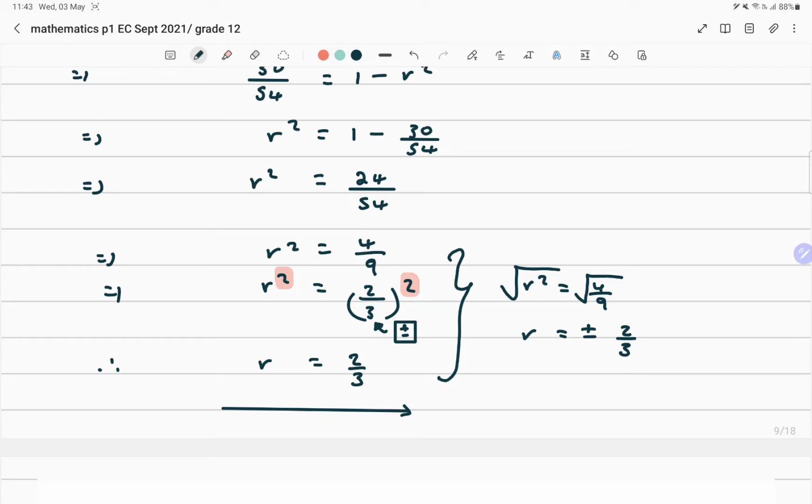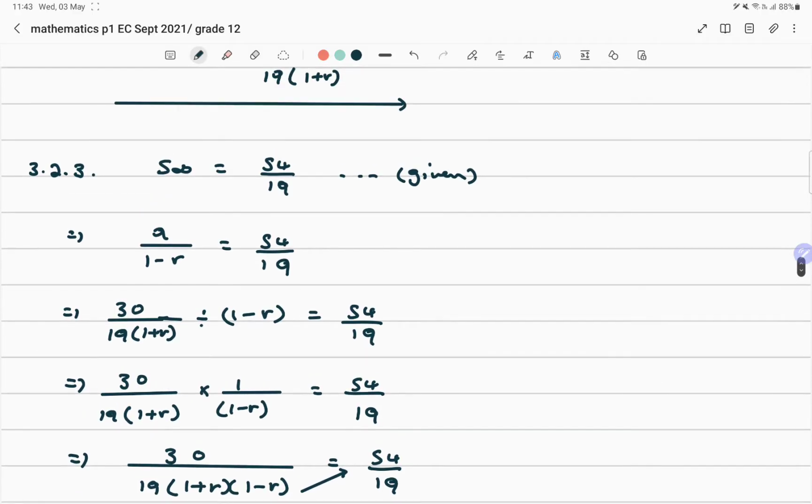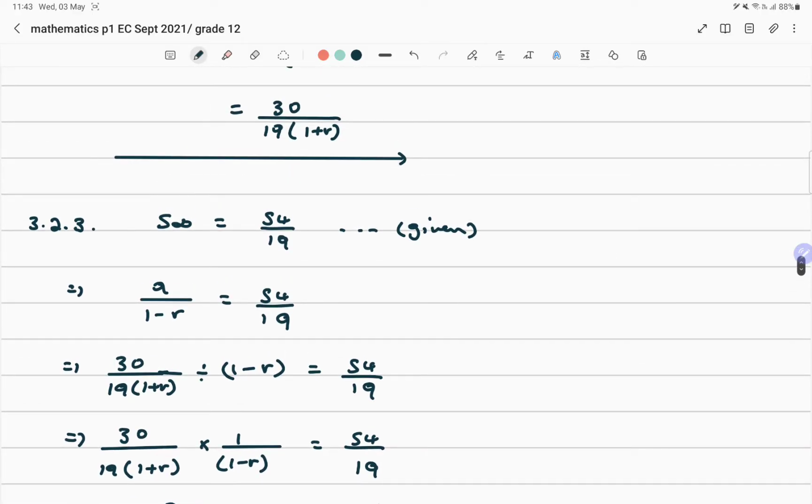Whenever you have an even exponent, even if you didn't want to use this, grade 9 style of just taking the square root, depending on the question, you want to consider plus and minus values, because either way, whether it's negative or positive, it comes out positive because of an even exponent. Anyway, that's how you do it, guys. So that is the value of r. Easy stuff. So a little bit of mathematical gymnastics had to be employed.